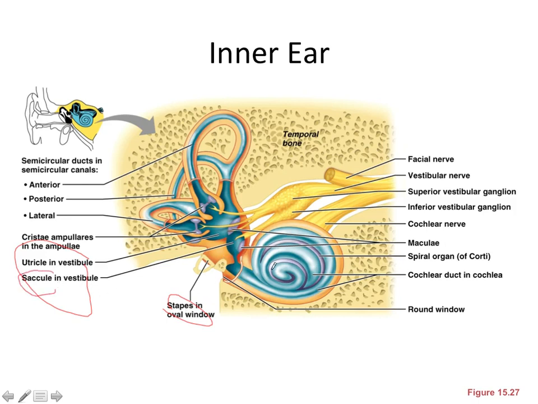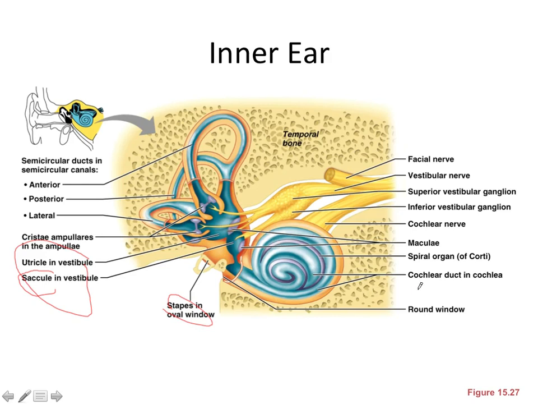The saccule is linked with the cochlea. The cochlea is a snail shell-like structure, like a spiral tube.